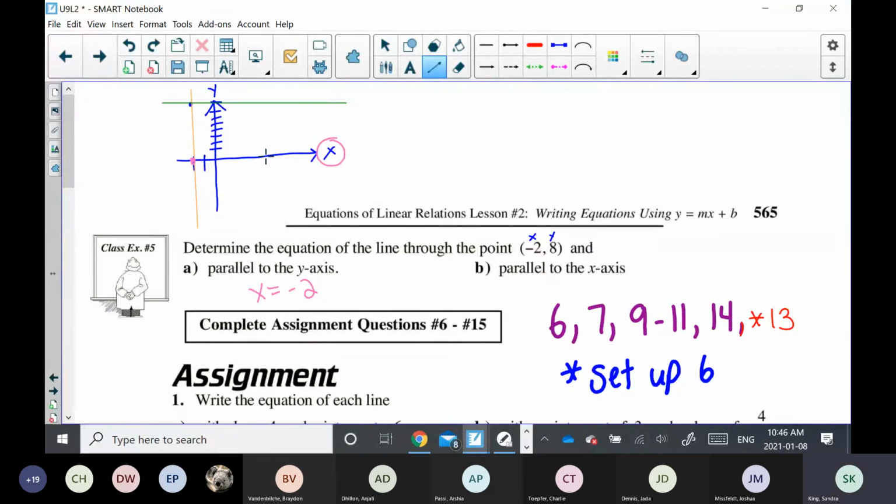It doesn't quite look parallel because I didn't draw it that straight, but this would be a line parallel to the x-axis. So with this green line here, if I said, well, what's the equation of this green line? We are dealing with a horizontal line. It cuts through this point on the y-axis. So the equation of that green line would be y is equal to 8.